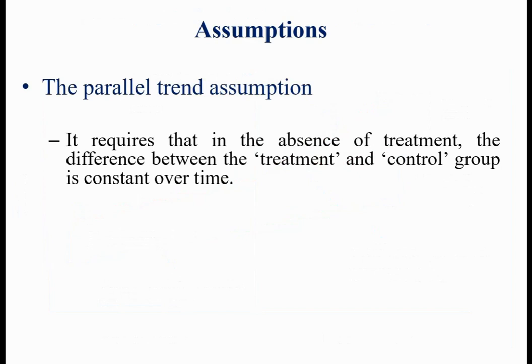So one of the tests, or let me say robustness tests, or one of the checks that you need to do before you go ahead with your DID estimation is to use econometric methods to find out whether your two groups, that is your treatment group and your control group, are moving what? In the same direction with respect to what? A particular observation, or with respect to a particular variable.